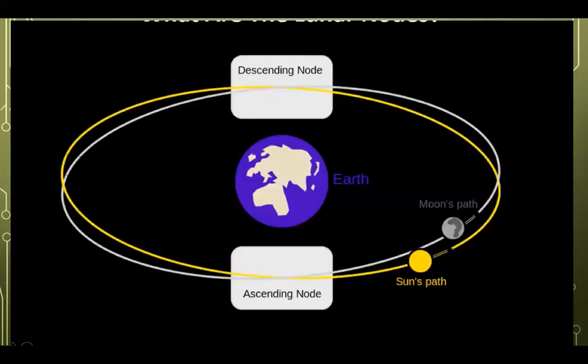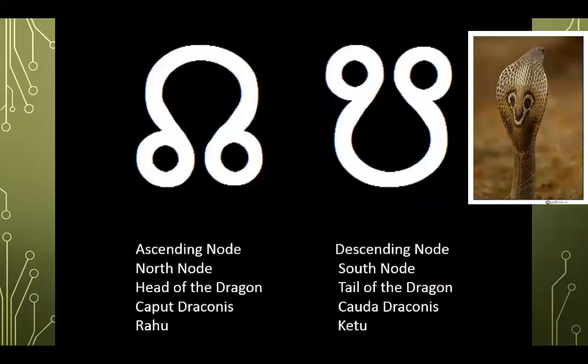So eclipse patterns are a huge study that the Babylonians developed, and it was a huge mathematical testament that they were even able to calculate the nodes, right? Because it's kind of hard to predict when the eclipse is going to happen unless you have really good advanced math.